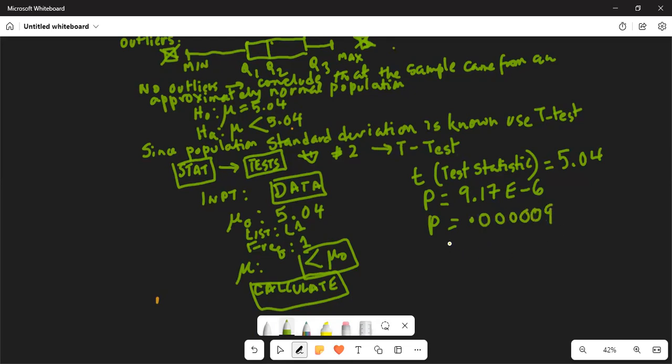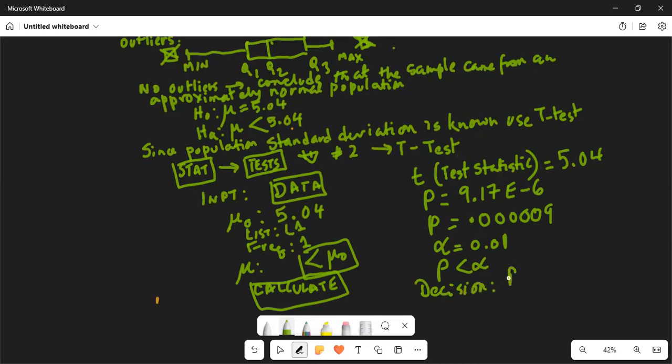Compare that with alpha, the level of significance, equal to 0.01. This p-value represents the probability of getting a test statistic as extreme as 5.04. Now, alpha is 0.01 and the p-value is less than alpha. So the decision is to reject H0.